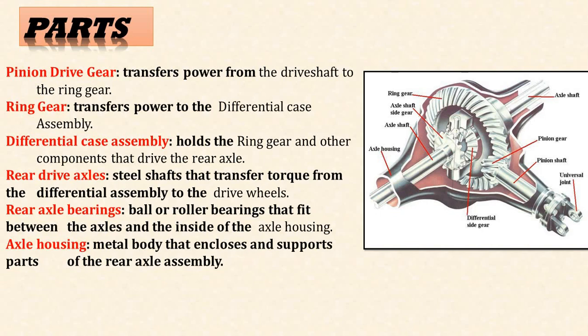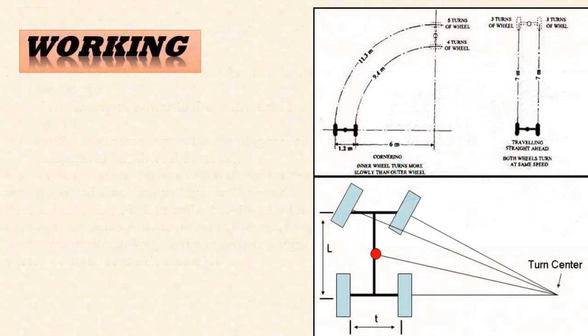The crown wheel is free to rotate on the half axle shaft, and the drive to the crown wheel is transmitted through the bevel pinion, which meshes with it. This bevel pinion is connected to propeller shaft through the universal yoke. So these are the functioning of the various parts of differential system.